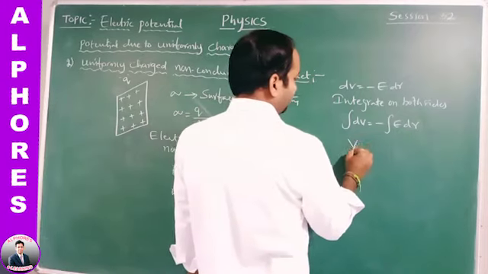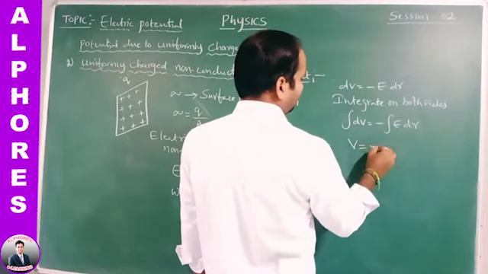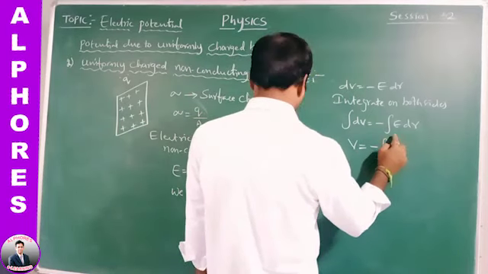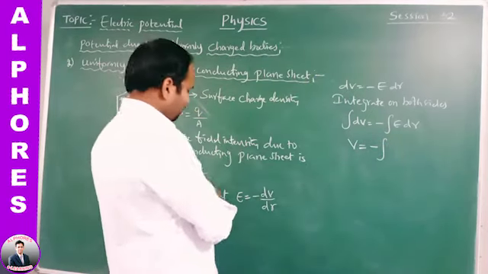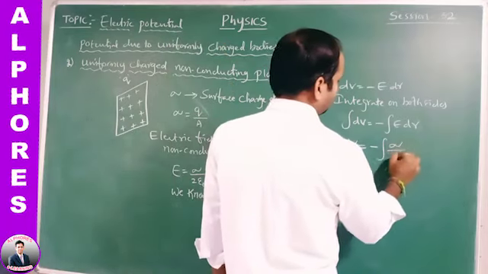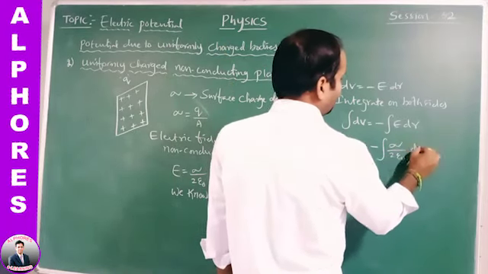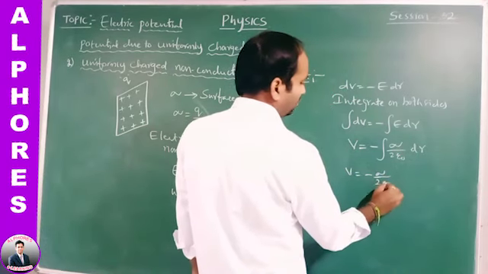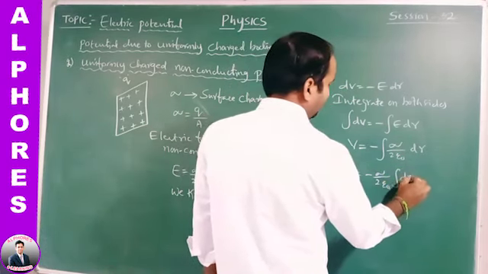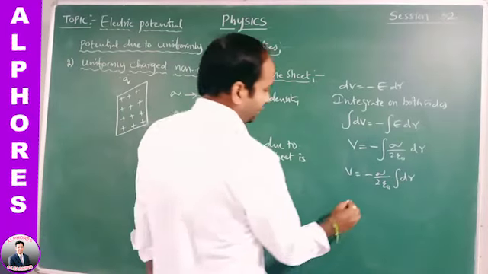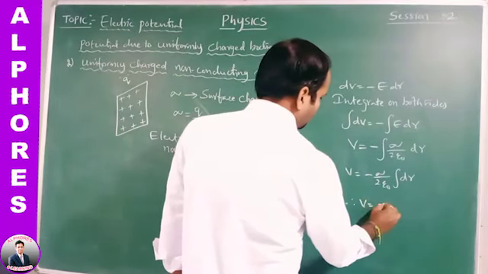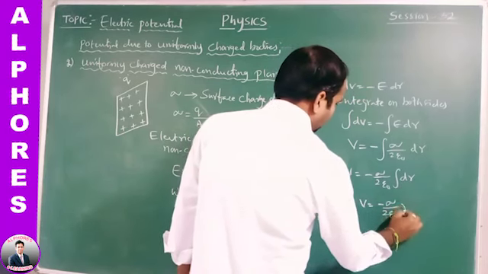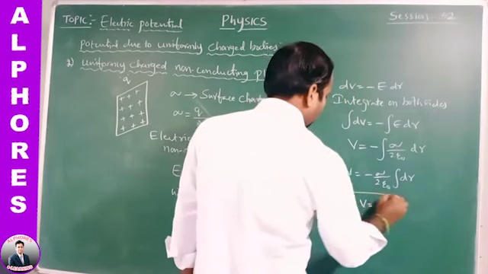Integration of dV is V, minus the E value, sigma by 2 epsilon naught, into dr. That is, V is equal to minus sigma by 2 epsilon naught times integration of dr, which is r.